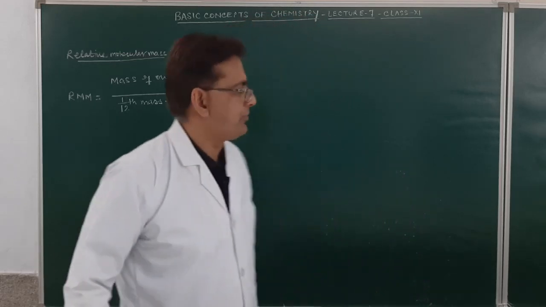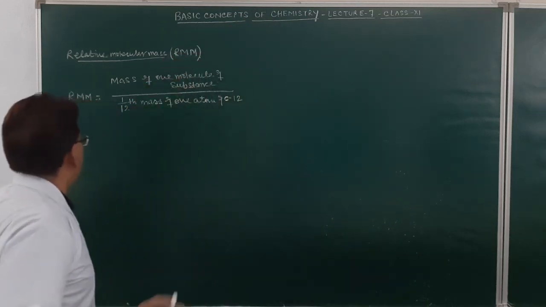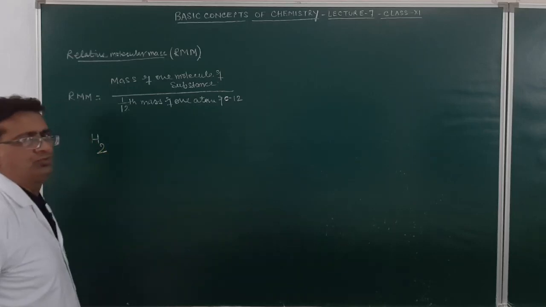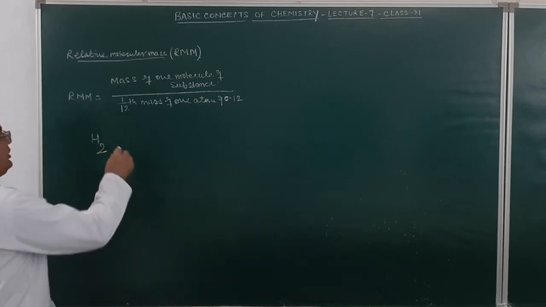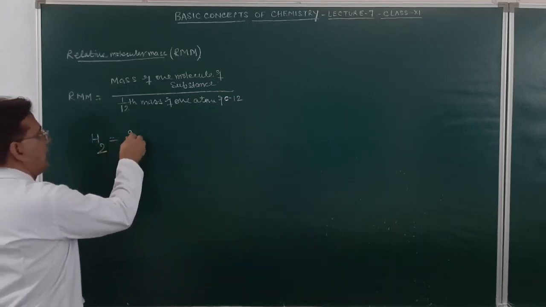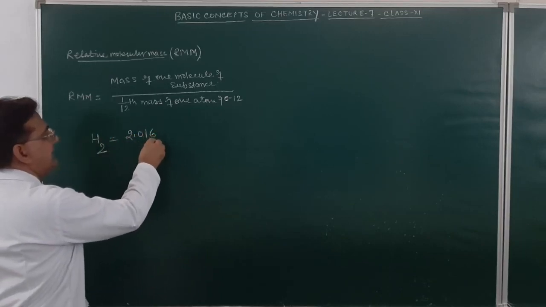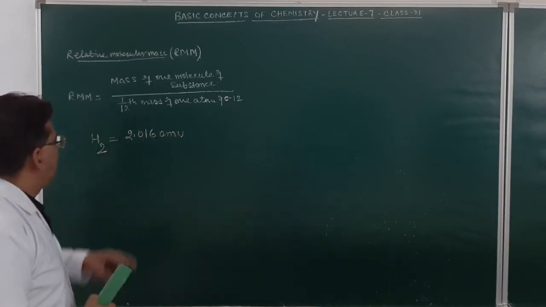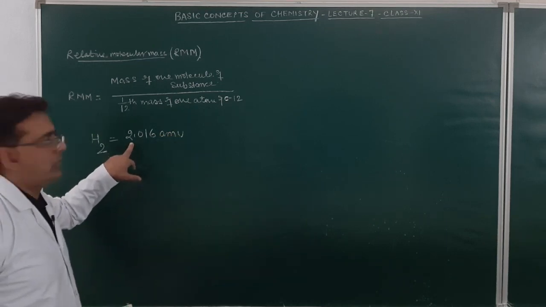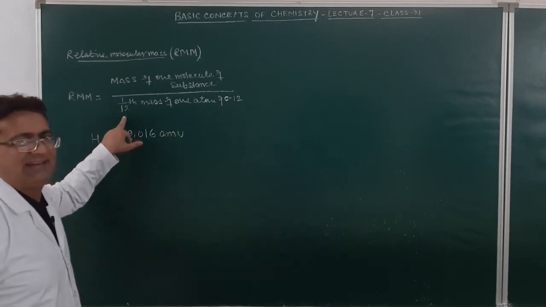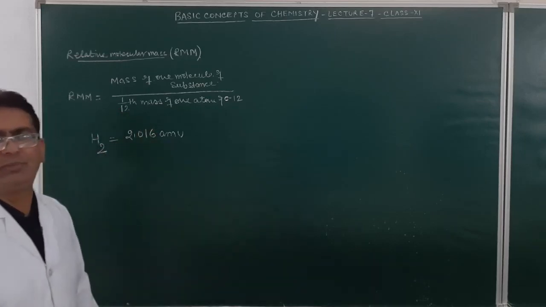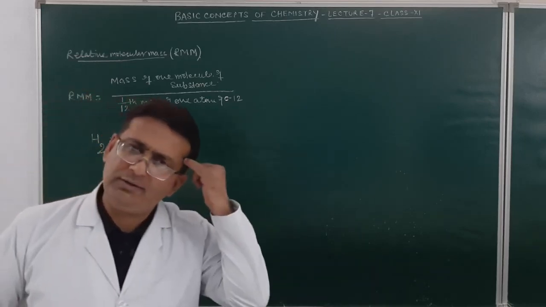As an example, I am writing here the hydrogen molecule, H2. The mass of a hydrogen molecule is 2.016 AMU. It means one molecule of hydrogen is 2.016 times heavier as compared to 1/12th mass of one atom of carbon-12.